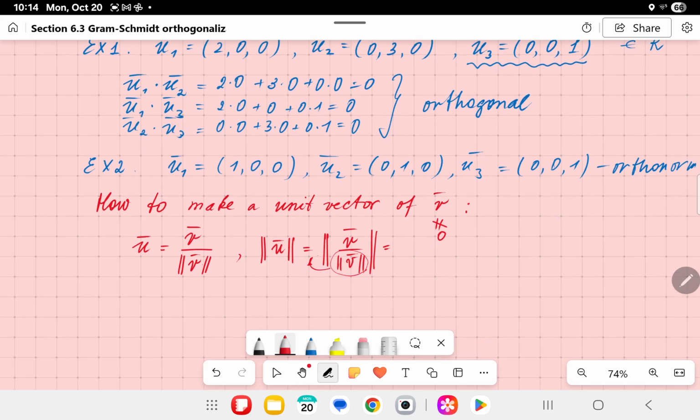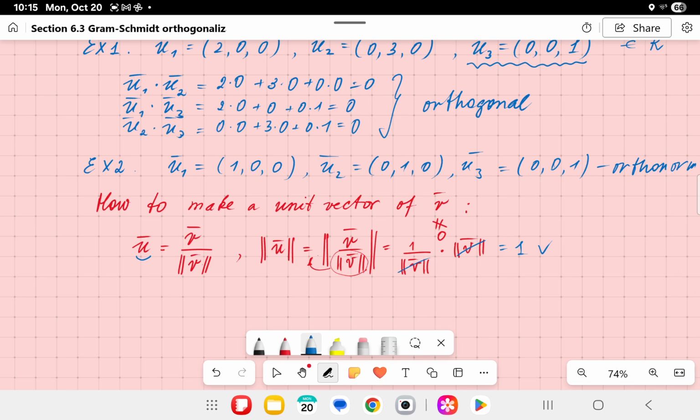If you remember, we had a theorem where you can take the scalar outside of the norm, and I'm going to have 1 over the norm of vector v multiplied by what is left, which is just the norm of vector v. We see that we have the same numerator and denominator, and that's going to produce 1. So u is going to be a unit vector, and that's a valid way to turn any vector into a unit vector, right?